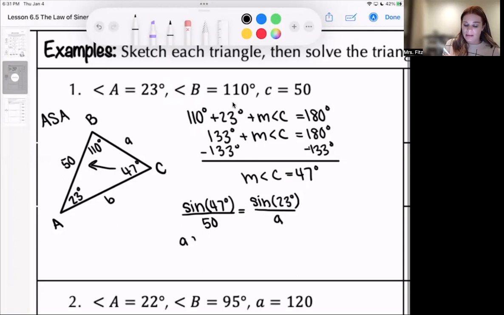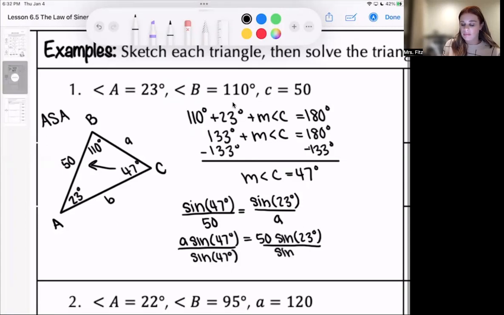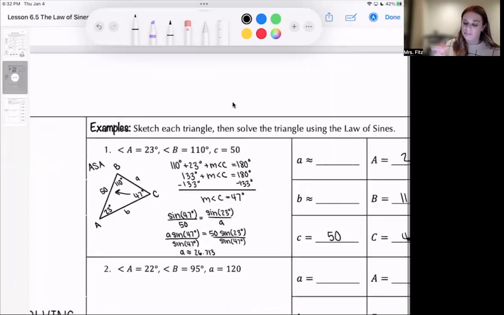So we have A times sine of 47 degrees equals 50 times sine of 23 degrees. Divide both sides by sine of 47. And we end up with A is about, if we punch that into a calculator, 26.713. Make sure you're in degree mode.